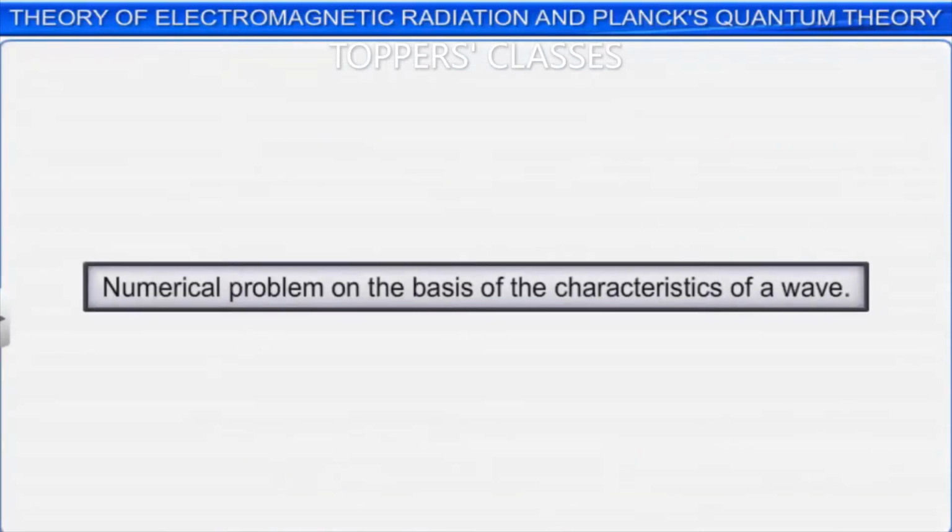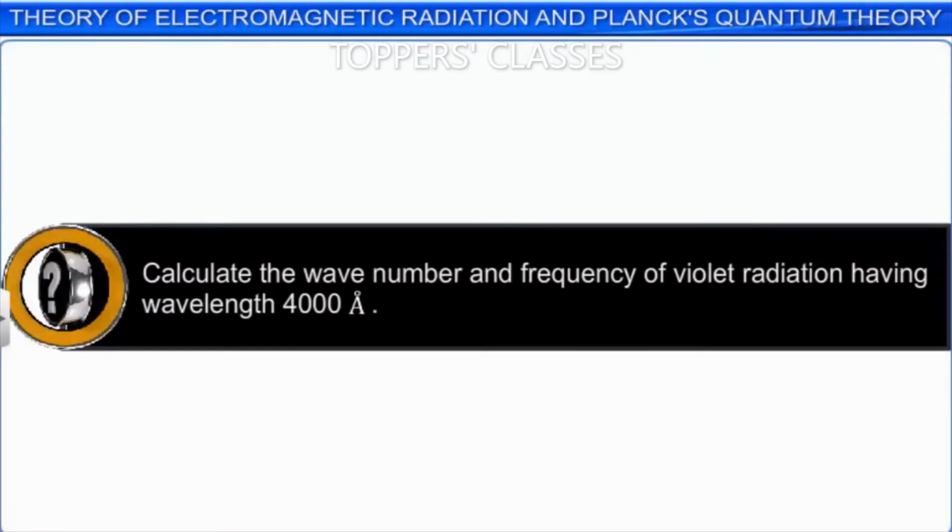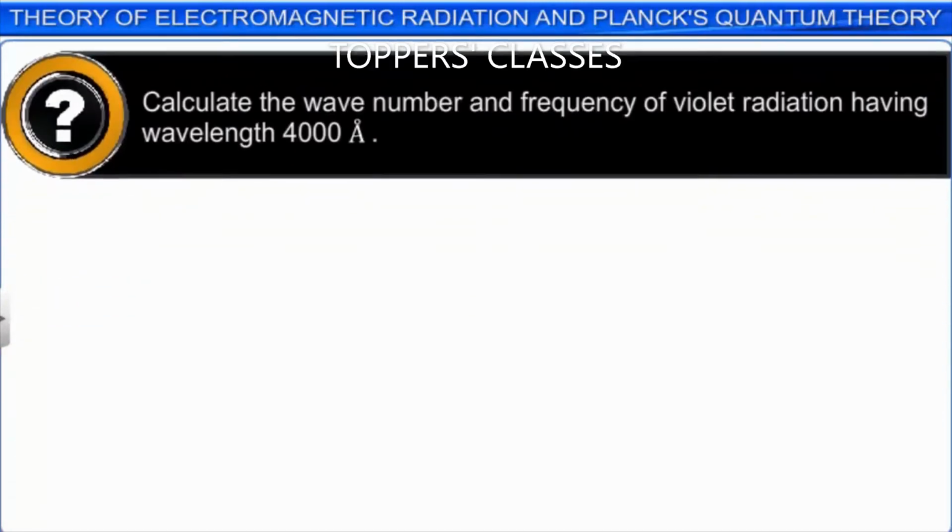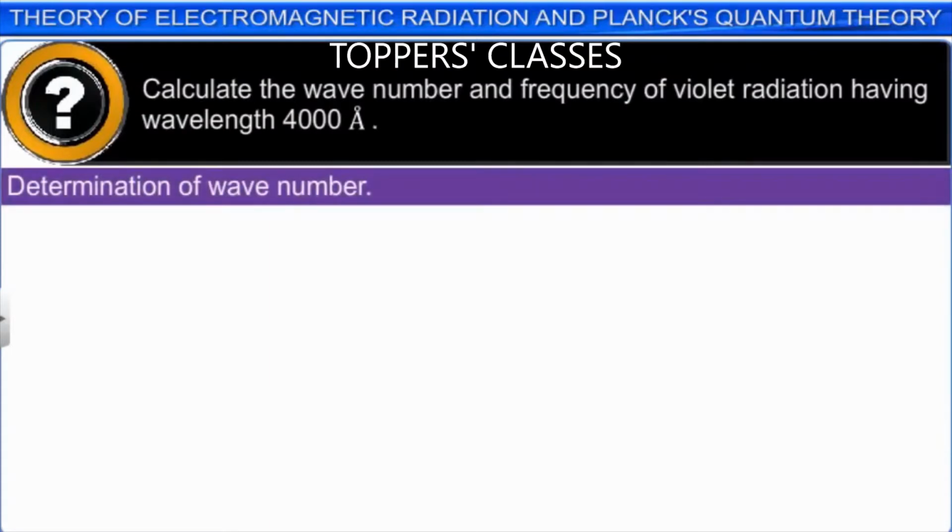Now, let us solve a numerical problem on the basis of the characteristics of a wave. Calculate the wave number and frequency of violet radiation having wavelength 4000 angstrom. First, let us calculate the wave number. The first step involves writing the formula to calculate wave number, that is, nu bar equals 1 by lambda.